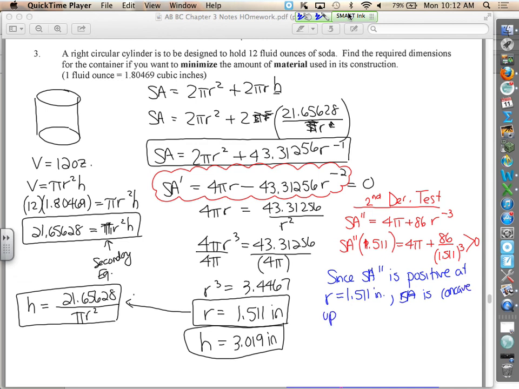So being specific as to what the second derivative being positive means. Therefore, r equals 1.511 inches is a minimum, since concave up would be a minimum. All right, and we came up with the dimensions, we answered the questions that they asked.